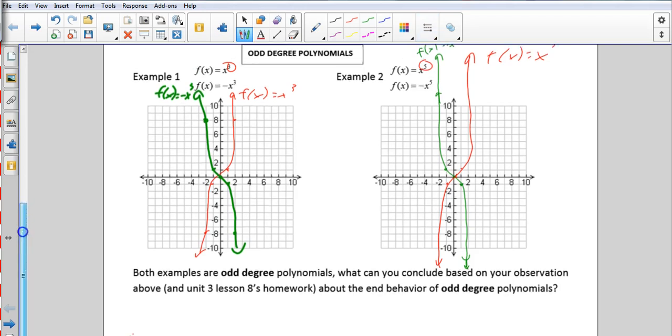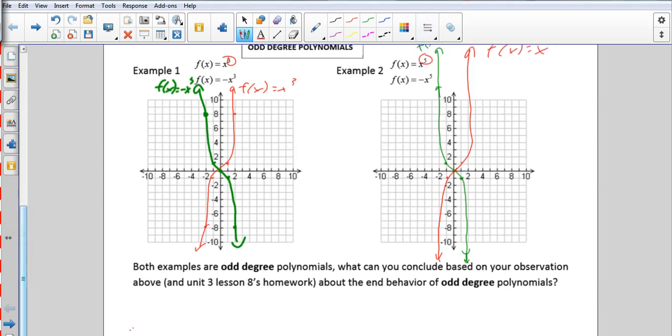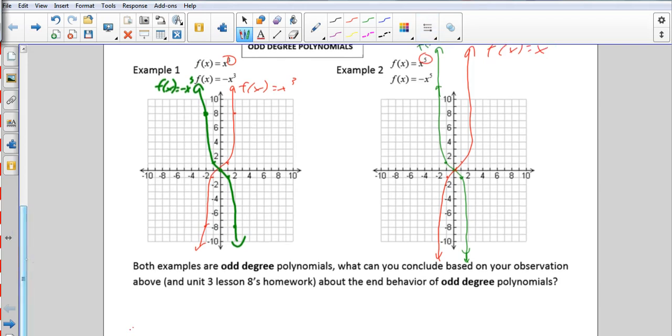Degrees. So what do you conclude based on this observation and what we talked about in the previous homework, 3.8, about the end behavior of the odd degrees? What's happening going towards infinity? What is happening?